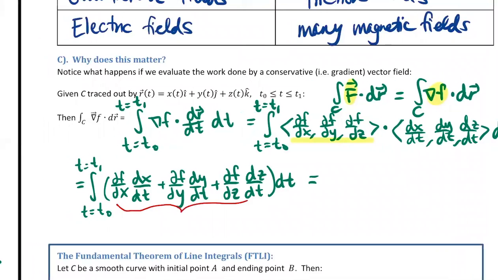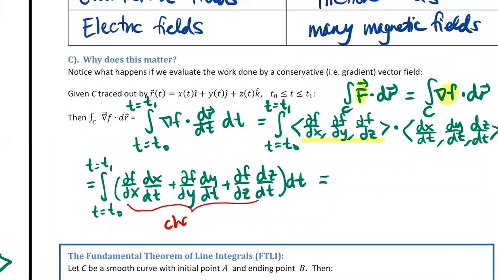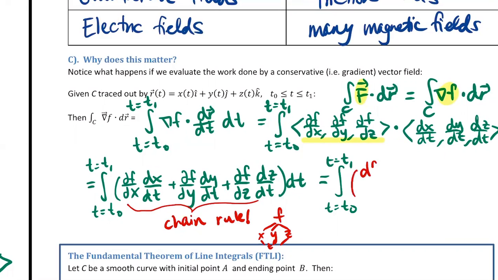If you said, oh, this is reminding me of the chain rule back from chapter 11, if I had a function of x, y, and z, and each of those were a function of t, that's exactly right. What we can do is think of the chain rule going backwards, and rewrite what I have here in my integrand as in fact just the derivative of my function f with respect to t.